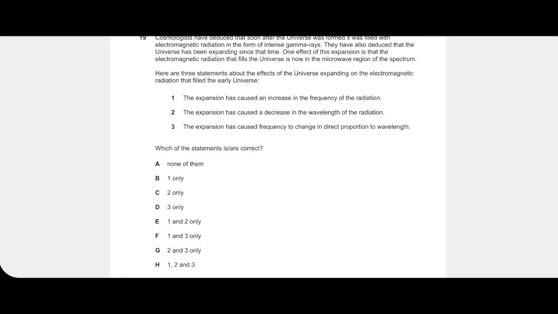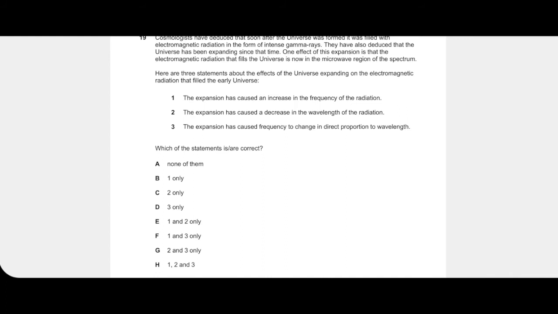Question number 19. Cosmologists have deduced that soon after the universe was formed, it was filled with electromagnetic radiation in the form of intense gamma rays. They have also deduced that the universe has been expanding since that time. One effect of this expansion is that the electromagnetic radiation that fills the universe is now in the microwave region of the spectrum.